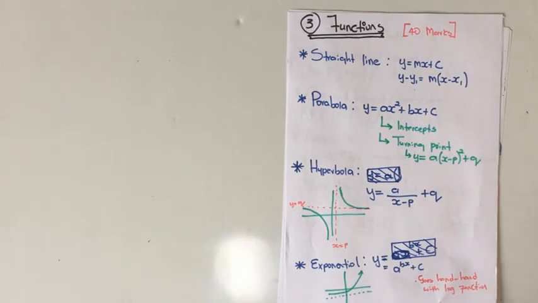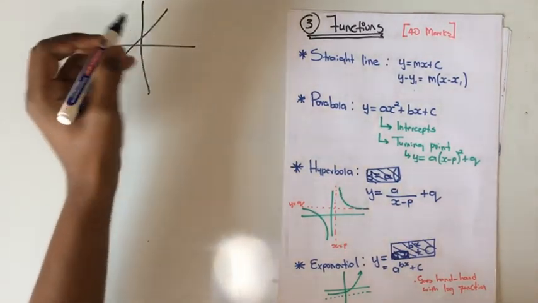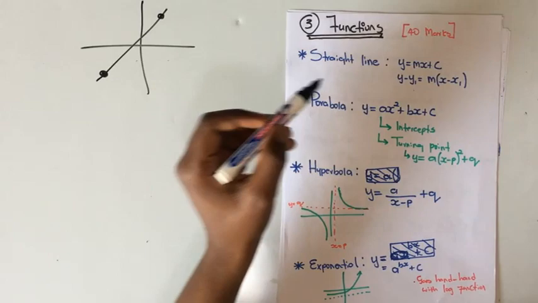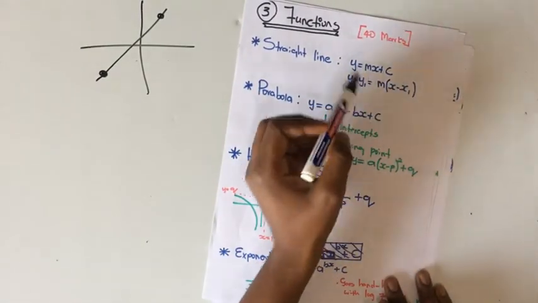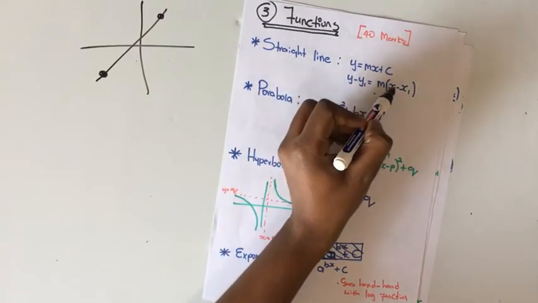Here you need to be familiar with a straight line. We know a straight line is basically y equals mx plus c. If you have 2 points, you can find the equation of a straight line using either y is equal to mx plus c or y minus y1 is m into x minus x1.